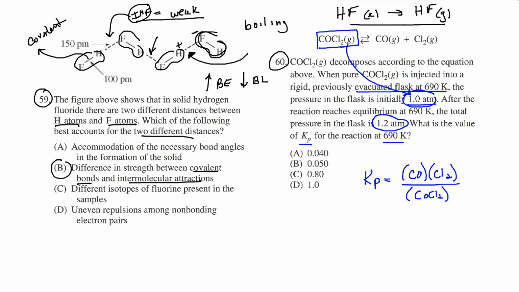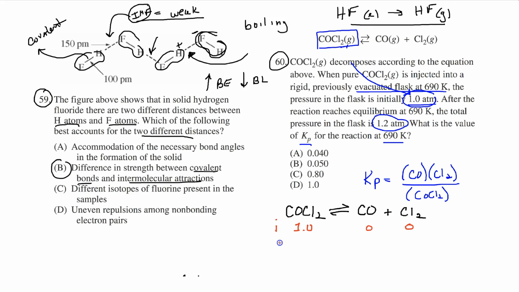So if we use our x's, let's write this nice and neat down here to make some sense of it. So here's our reaction, and if we do a little condensed ICE table to see what's happening here, we know we're starting initially with 1.0, and then this is 0 and 0.